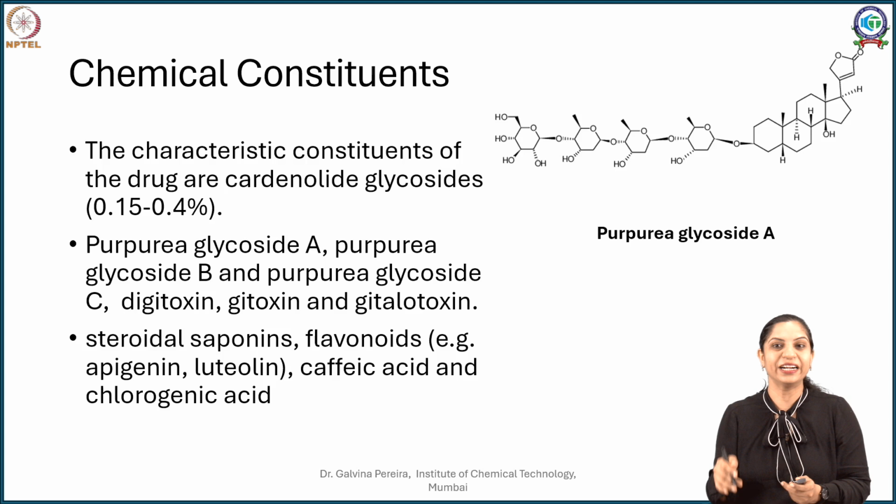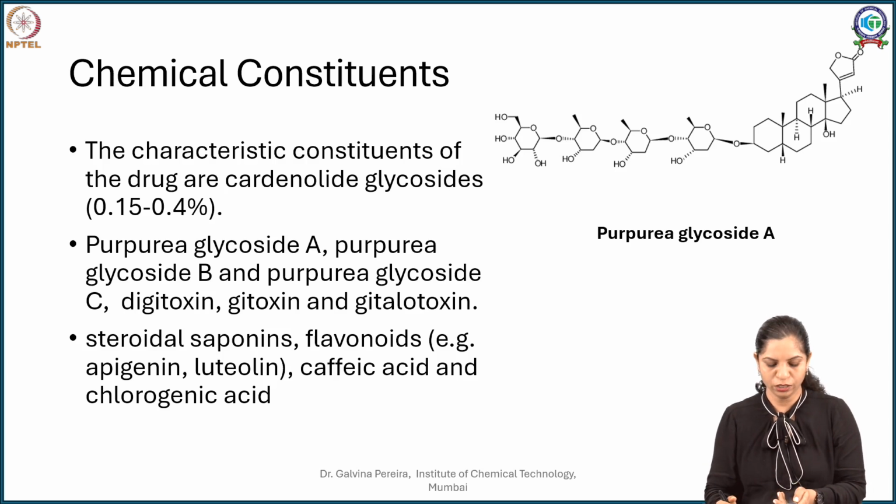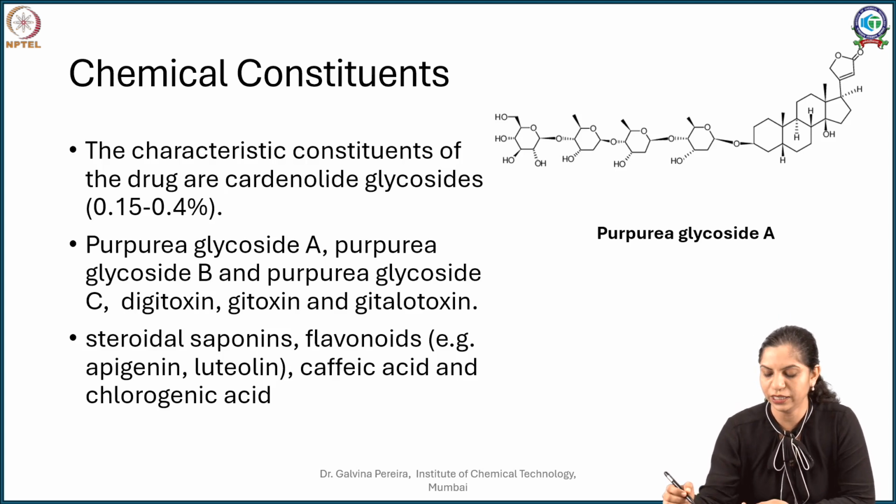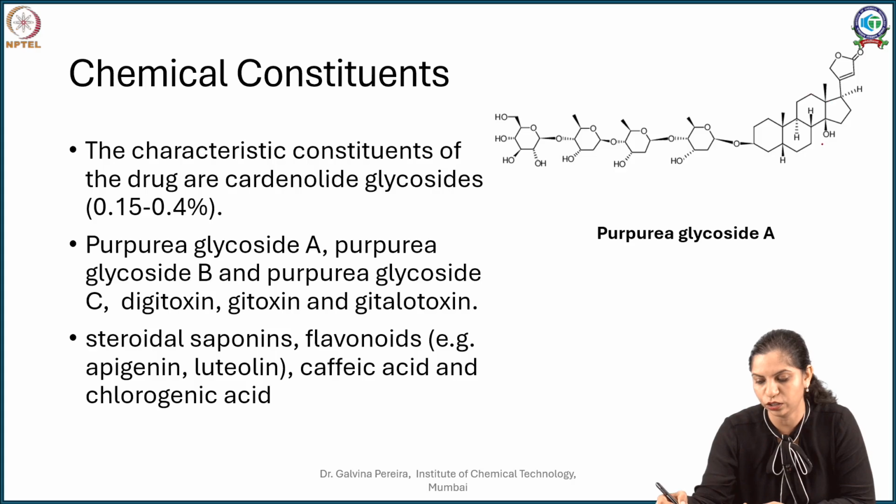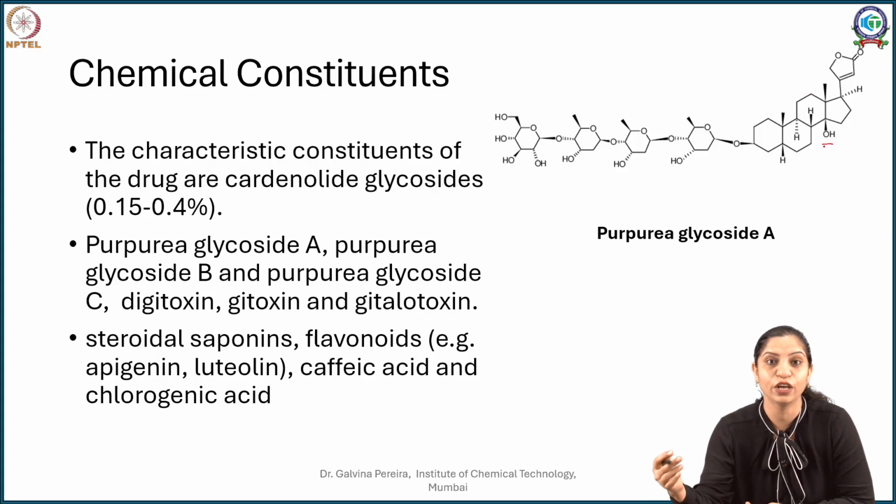Now let's break down this molecule one by one. So, if you remember, I am being a little quick, you have these 10 carbons, 11, 12, 13, 14. So 14 hydroxy, if you remember, was digitoxygenin.